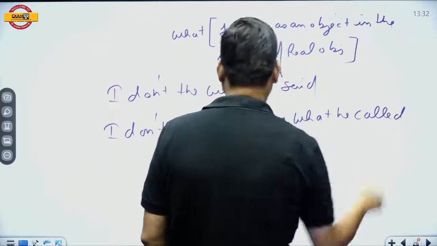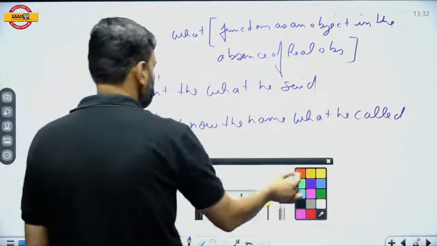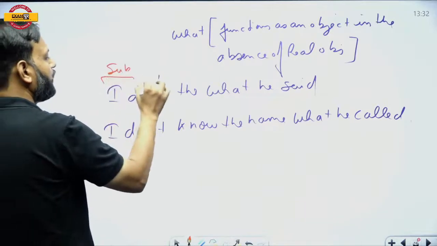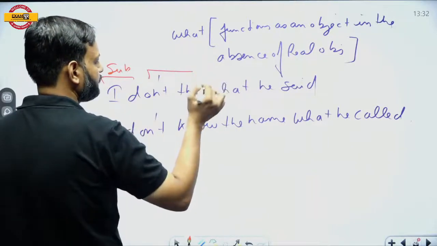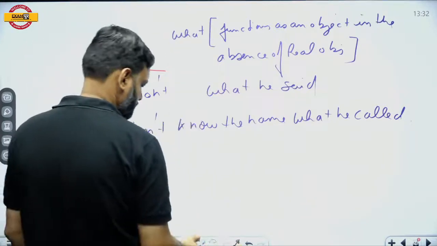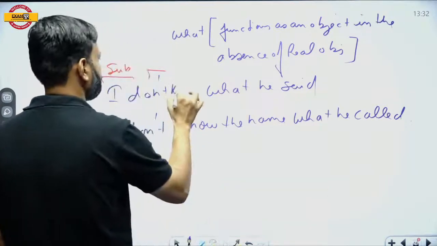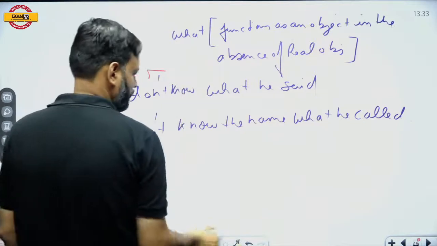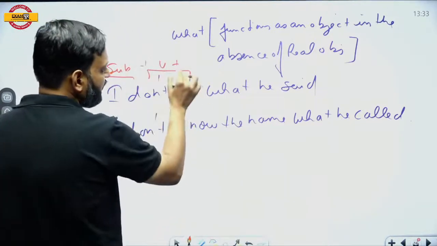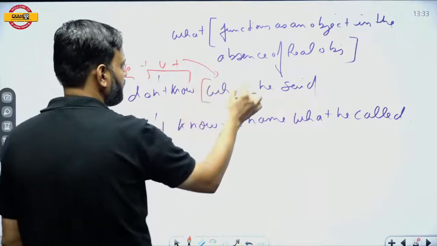Now in the first sentence, I is the subject. Don't know is the verb, and in place of the object we have what.